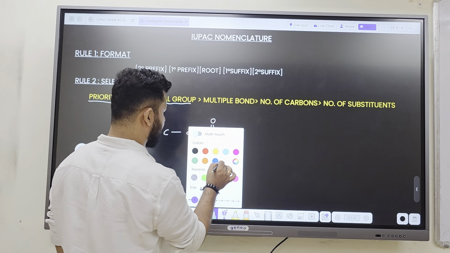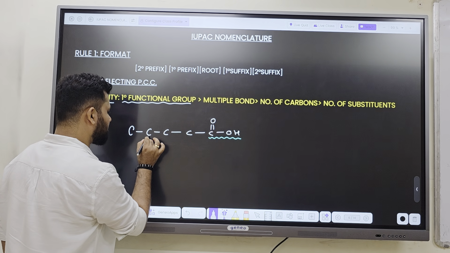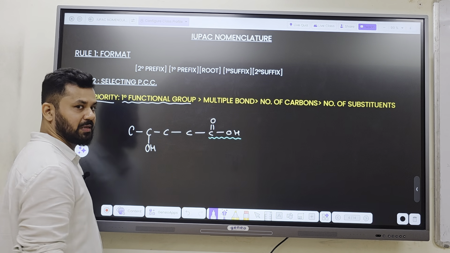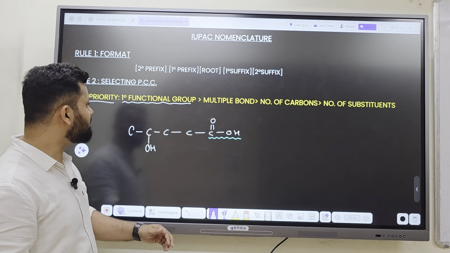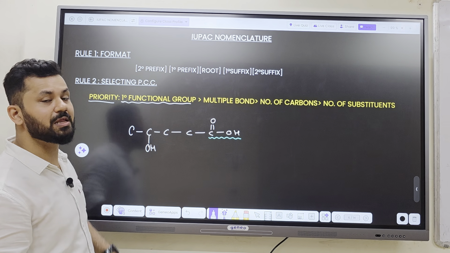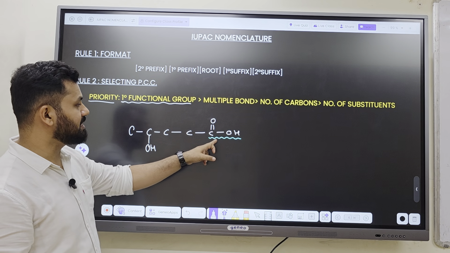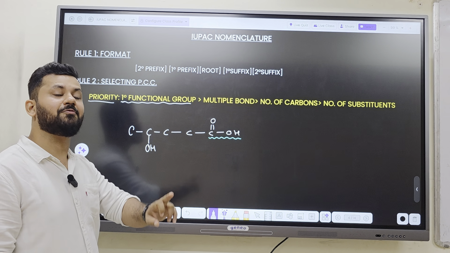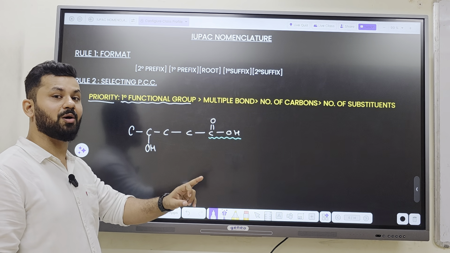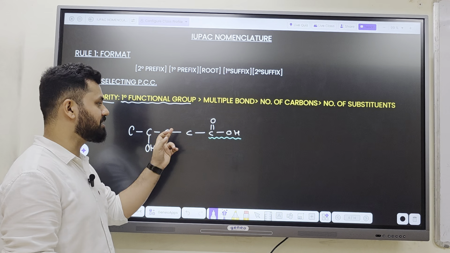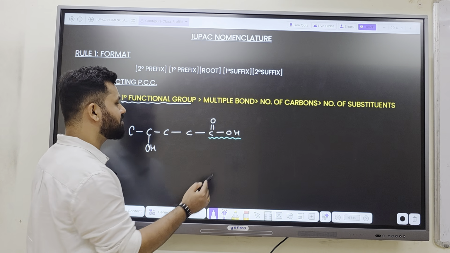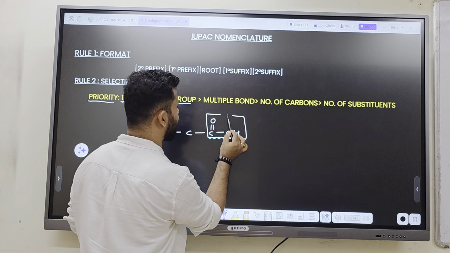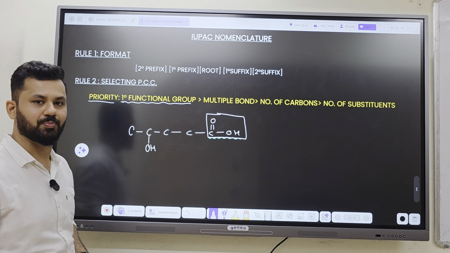But if say I had another functional group attached somewhere over here, say OH, then we had to decide which is our primary functional group. Is it COOH or OH? In that case, we will refer to the priority order of functional groups which is given. We will say, as per the priority order, COOH should be my primary functional group.